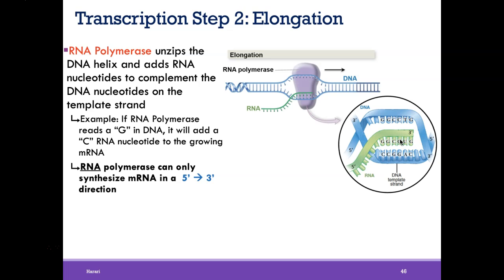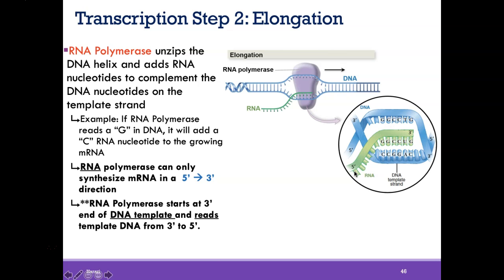Very importantly, RNA polymerase can only make mRNA in one direction. It only knows how to synthesize mRNA 5' to 3'. So specifically, this was the first, it started up here and ended over here. RNA polymerase can only make mRNA 5' to 3'.